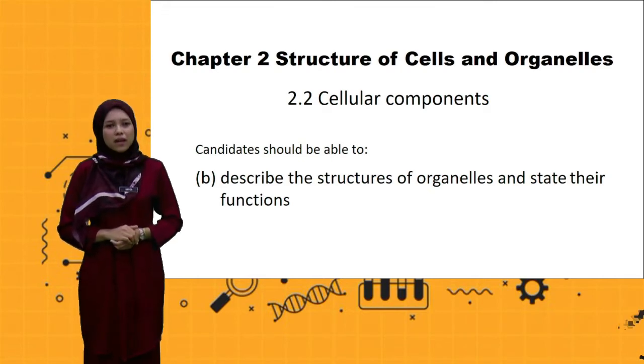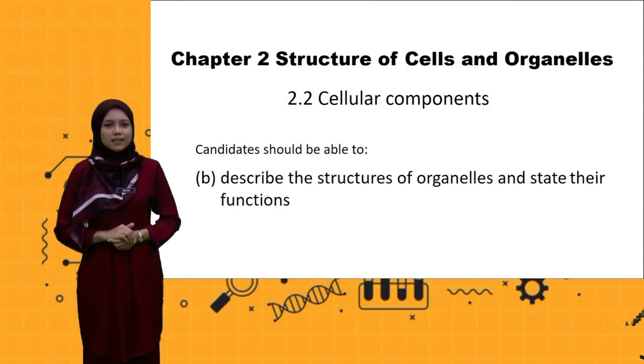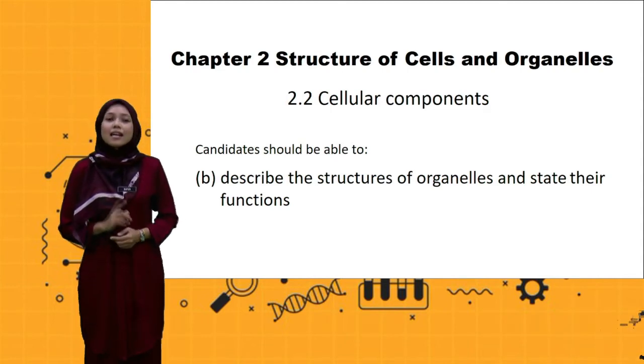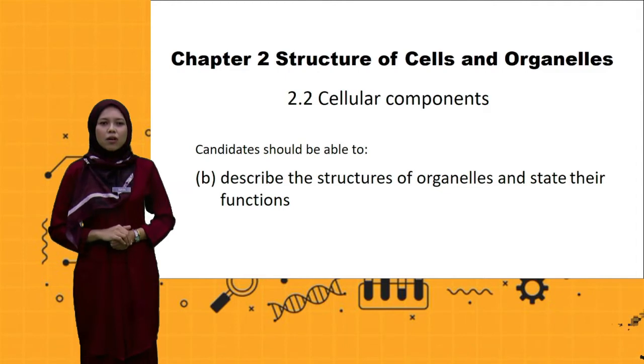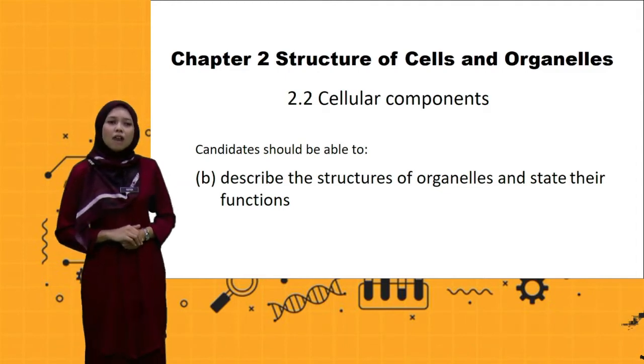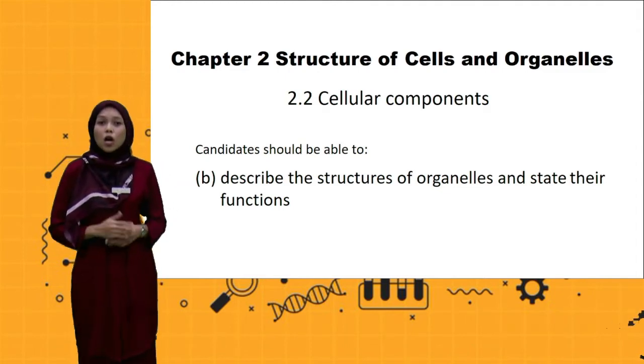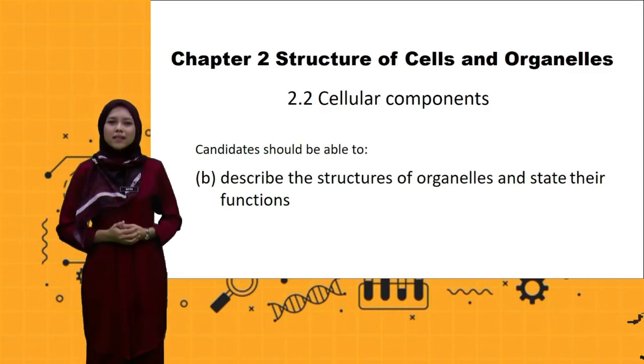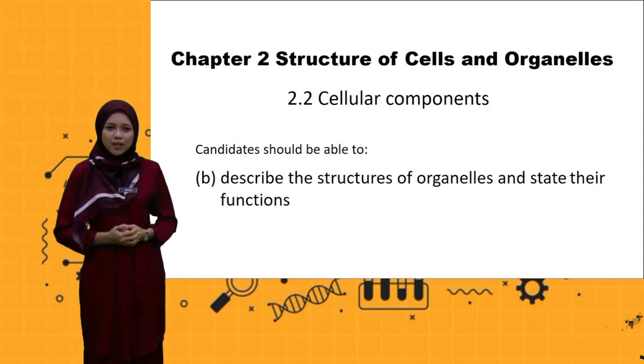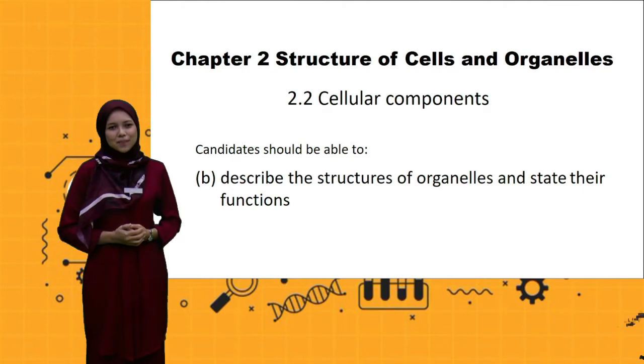Class, however, I am not going to touch all the organelles stated in the syllabus. I just pick some important organelles such as rough endoplasmic reticulum, smooth endoplasmic reticulum, mitochondrion, and chloroplast.